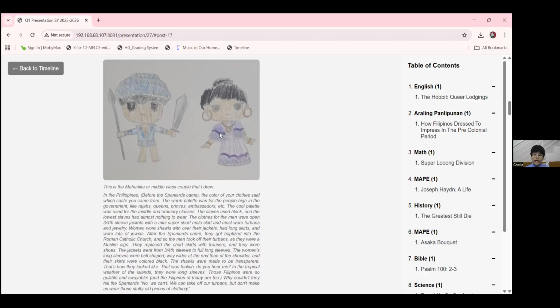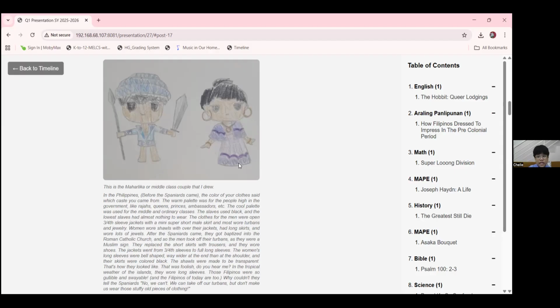Red was given to the datus, and slaves did not wear anything. And the men wore turbans, a three-fourth jacket with a split in the middle, and a mini skirt, like a short skirt. And then the women wore dresses and shawls.